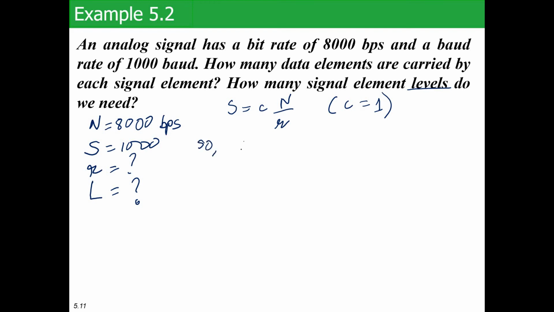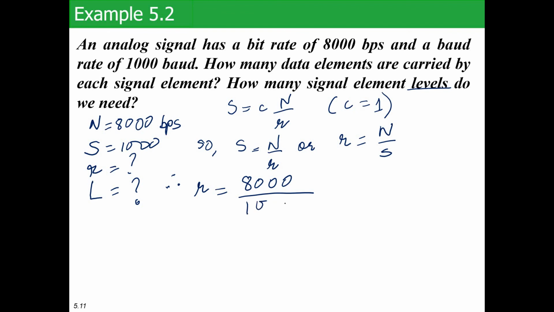So we have S is equal to n by R, or R equals n by S. Therefore, R equals n, which is 8000, divided by 1000, which is equal to 8 bits per baud, or 8 bits per signal.